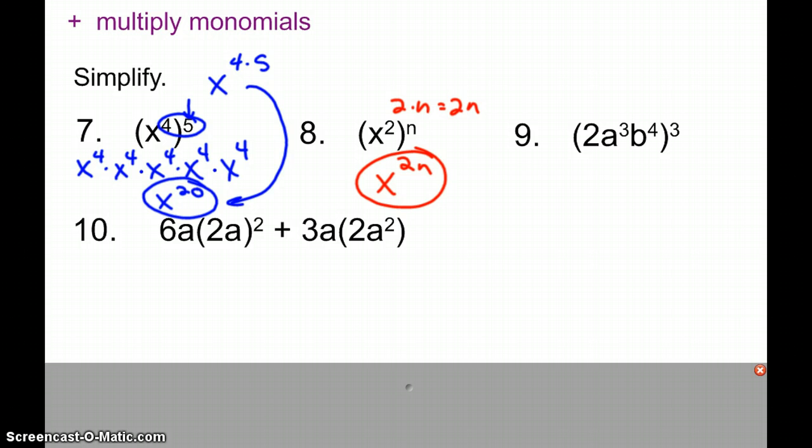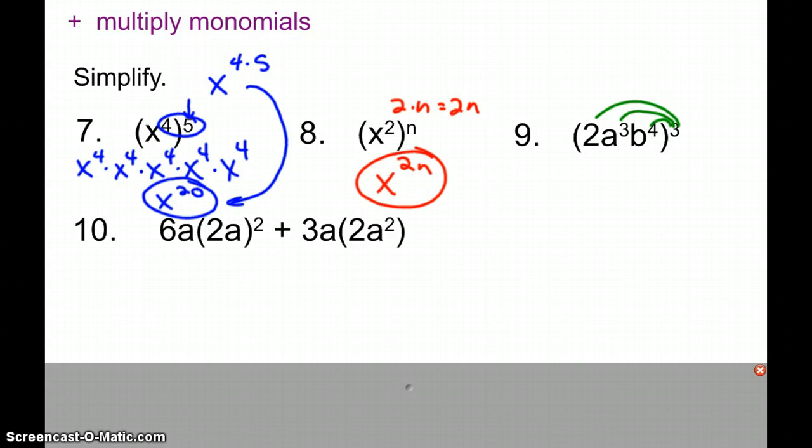In number 9, again we have an exponent outside of the parentheses, and so we're going to apply that exponent to each base in our monomial.